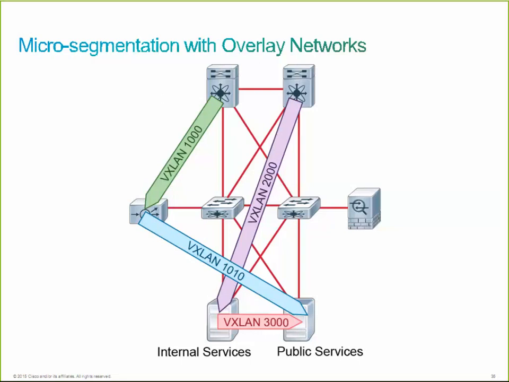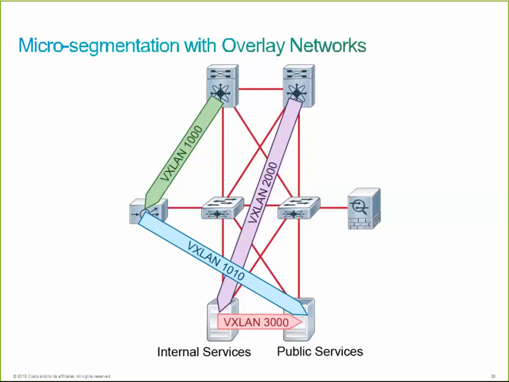The load balancer is then going to take that traffic and forward it through VXLAN 1010 to the public server. At the same time, the public server is a part of a different VXLAN, VXLAN 3000. That's going to be used by maybe your internal business applications to access your APIs of your e-commerce application, your databases, and so on. But it's still going to allow that to be isolated from the public traffic.